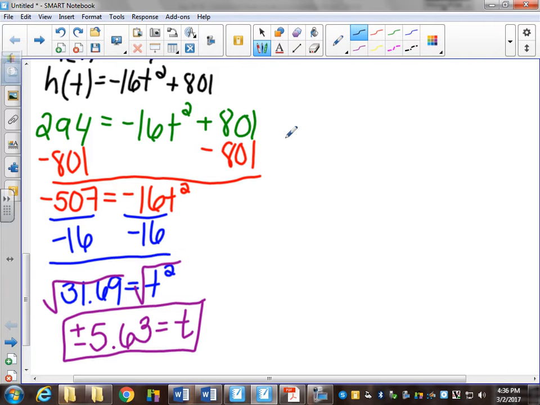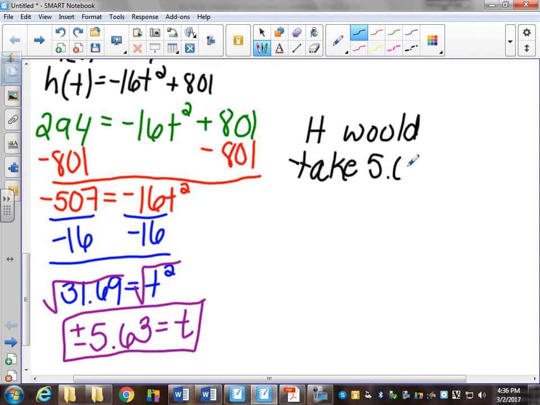When we put this in the sense of what our problem is asking, it would take 5.63 seconds for Stephen to hit the second ledge.